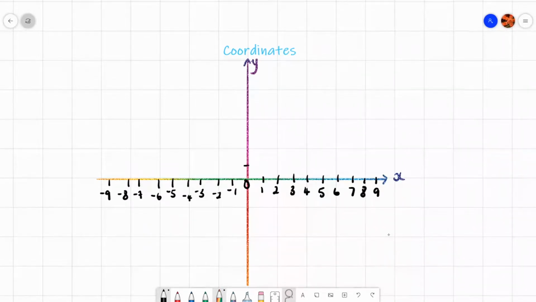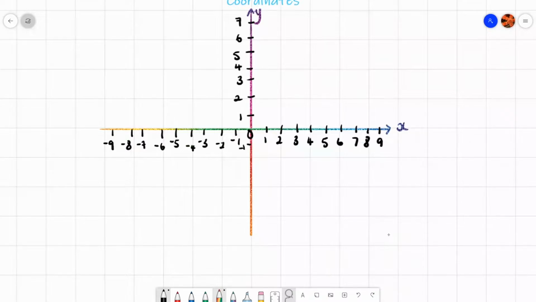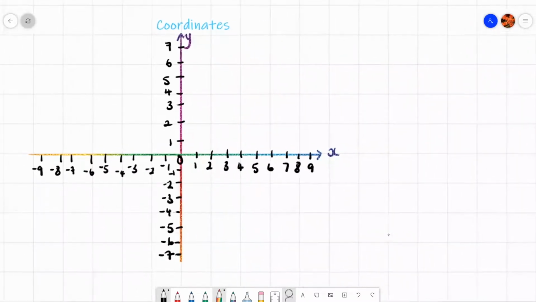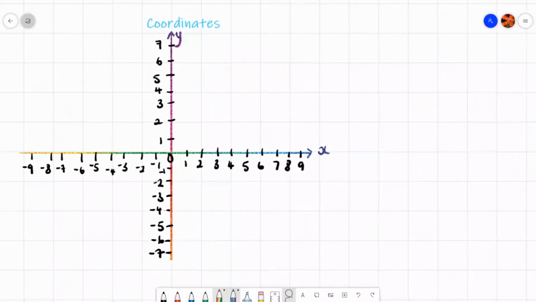Same with the others. 1, 2, 3, 4, 5, 6, and 7, and we'll do the same this way. Negative numbers, -1, -2, -3, -4, -5, -6, and -7. So this here is an axis.